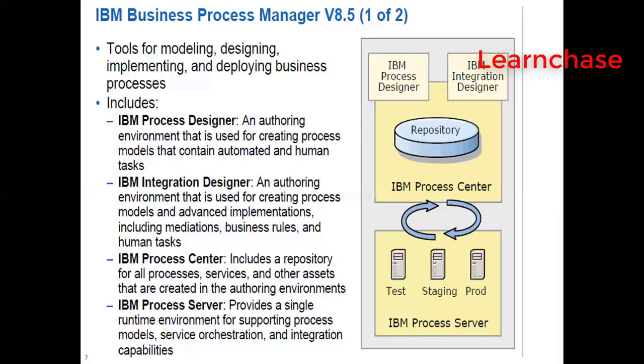So you don't publish it to a process server or anything. You said we got an option to publish it to a process server or to a process center. We need to publish it back to the process center. When we publish it back to the process center, the AIS implementation that you created in the Integration Designer gets associated with the application that you created in the Process Designer.